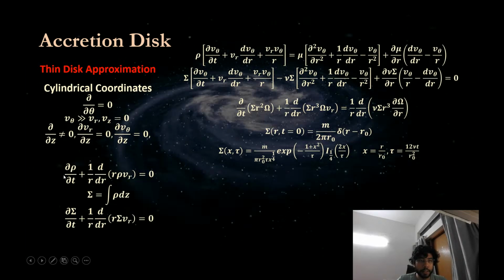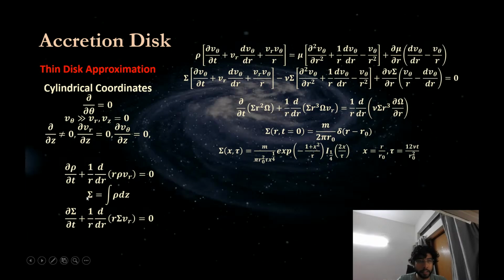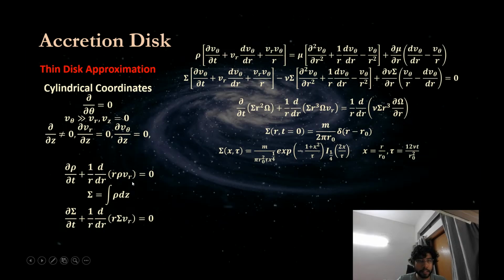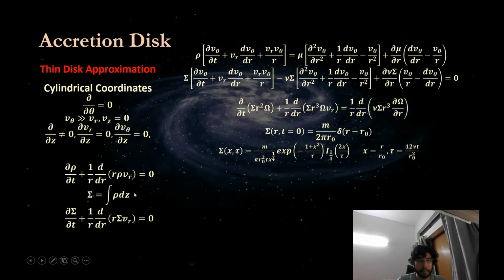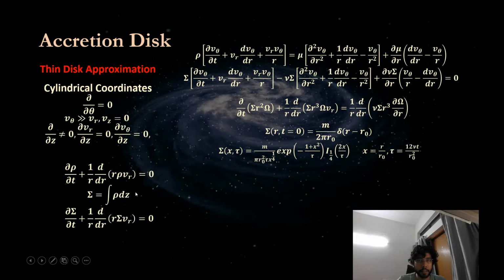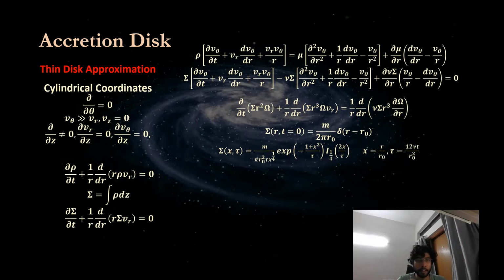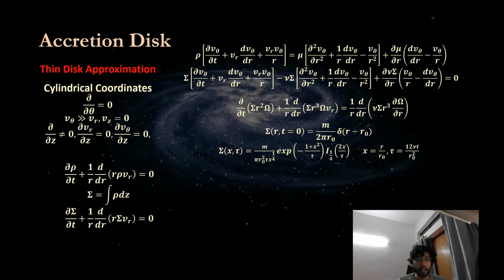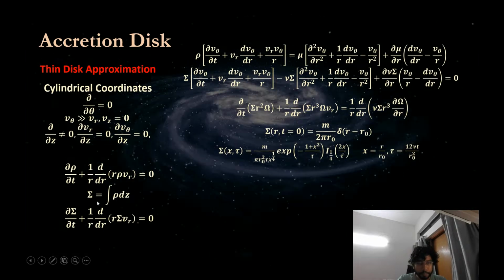Now here we do one trick, you can say, just to remove the z coordinate from the equations, because that is not very important in the case of thin disks, which are geometrically thin and don't have much thickness, which we'll see later on.